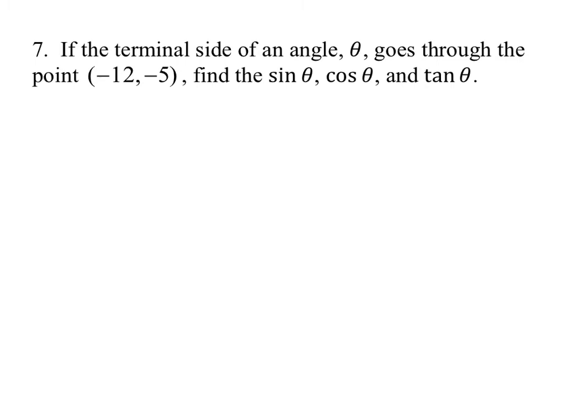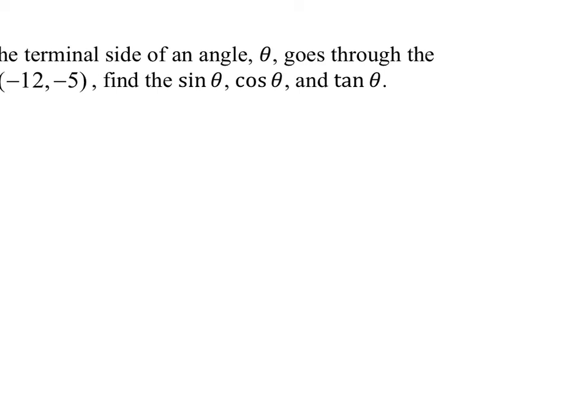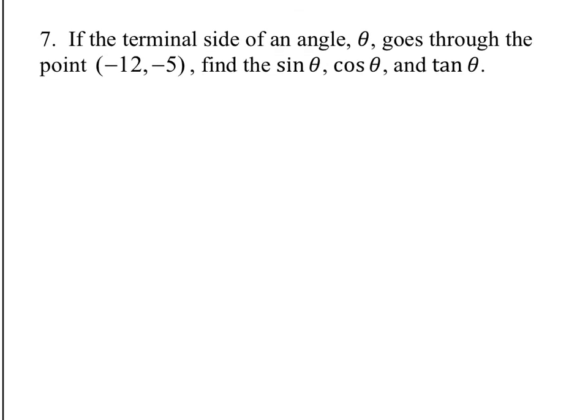All right, the next problem is if the terminal side of an angle theta goes through the point -12, -5, find the sine, cosine, and tangent of theta. All right, so the first thing I'm going to do is draw a picture. So I'm going to go -12, whoops, that's not what I wanted to do. Go -12 and then down 5. So our point is here. This would be -12, -5. And then this is going to be our theta.